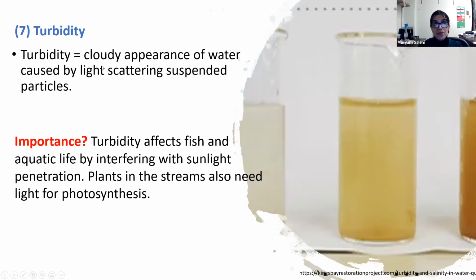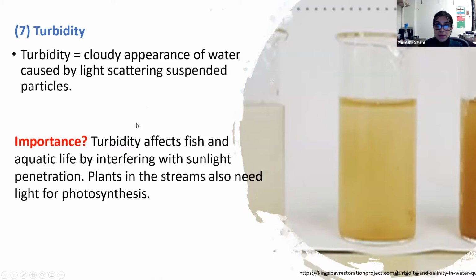The other parameter, which is very important for surface water, is the turbidity. It shows the level of clarity of the water, and it is measured by the amount of light scattering caused by suspended particles in the water.